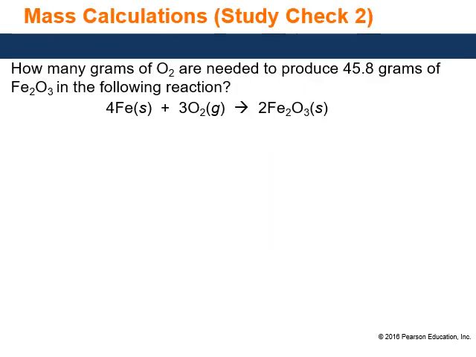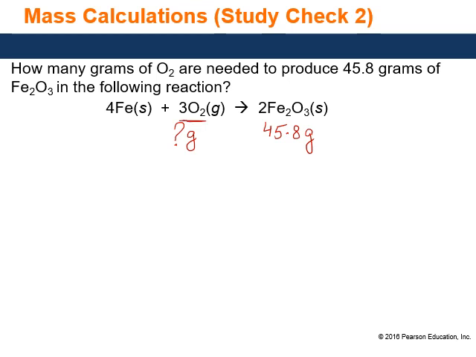How many grams of oxygen are needed to produce 45.8 grams of iron oxide in the following reaction? So the question is asking how many grams of oxygen are needed to produce 45.8 grams of Fe2O3. So if I want to make 45.8 grams of this, how many grams of oxygen should I use for that?